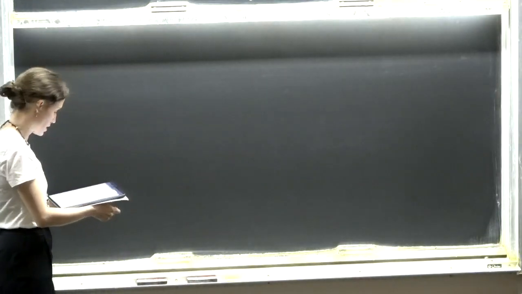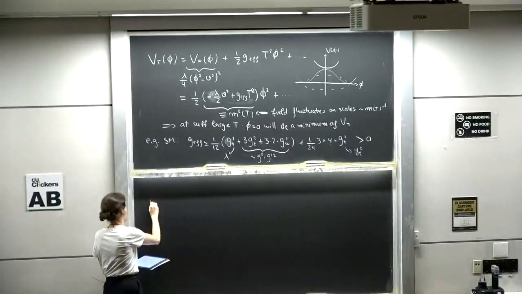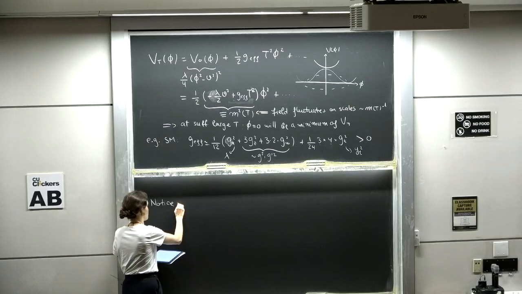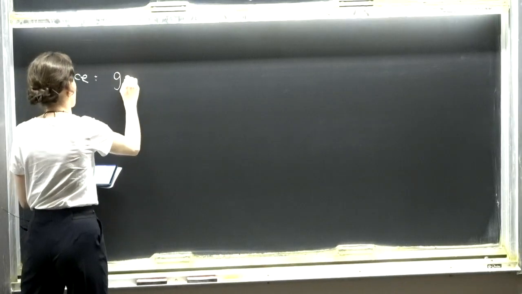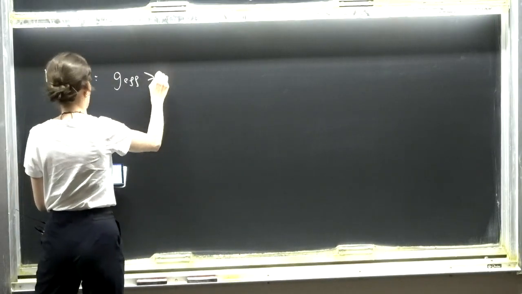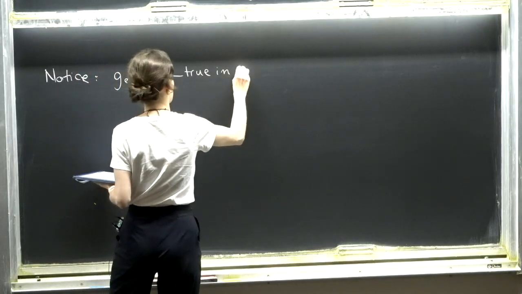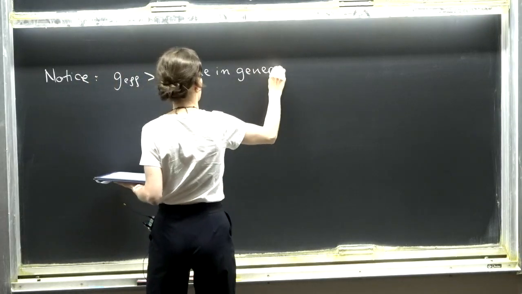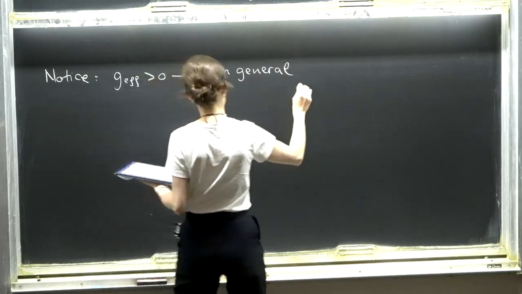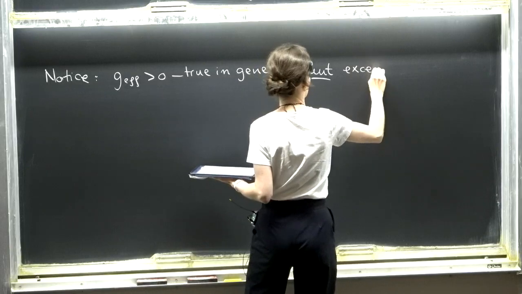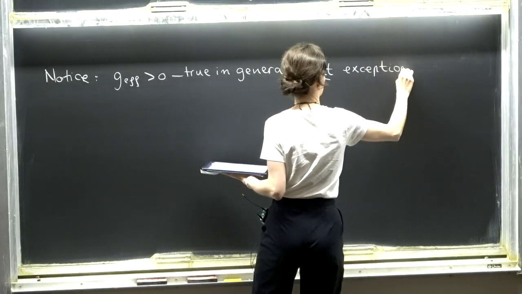In fact, and I'm going to mention this as an aside, there can be freak cases where this is not the case. So this is true in general, but there can be exceptions, and there are examples of these.